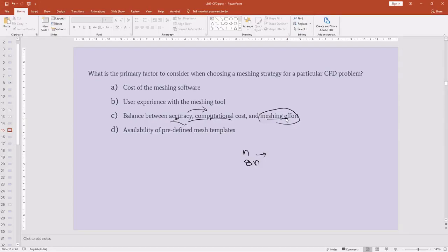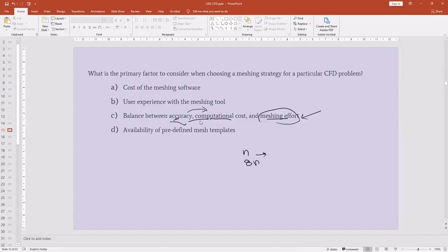So even if we are continuously doing it for different types with small variations, we don't have to put much effort into finding mesh sizes or mesh parameters if we are repeating similar geometries. But if you are doing entirely different geometries from time to time, then this meshing effort comes into the picture.